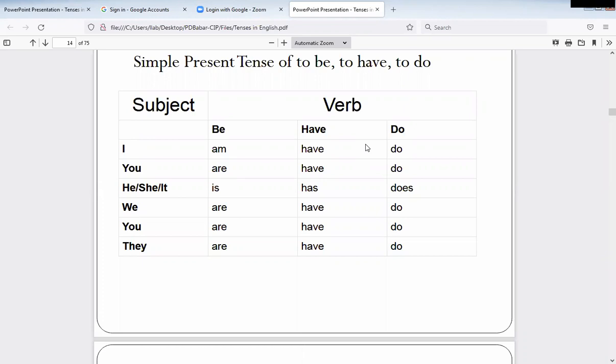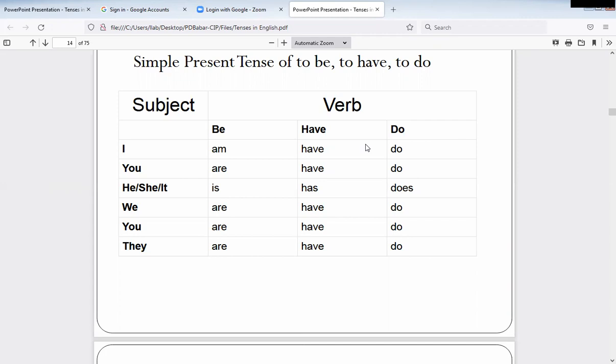We will use these words. You are a teacher, you have a car or you have a bike, and you do a presentation or you do a slide. So this is about the subject and the verb that we'll use after the subject.